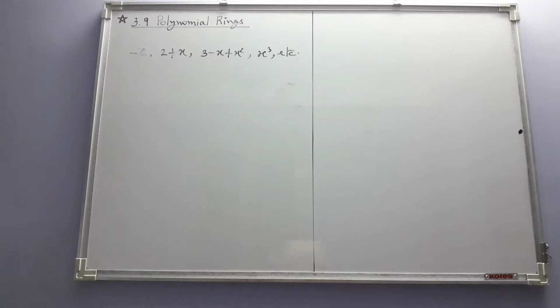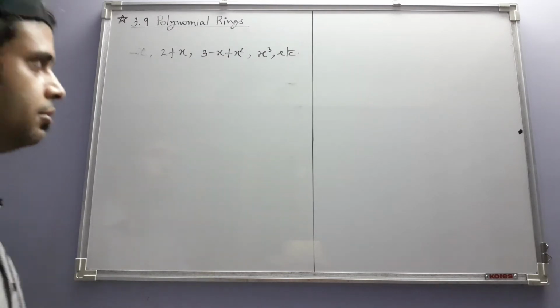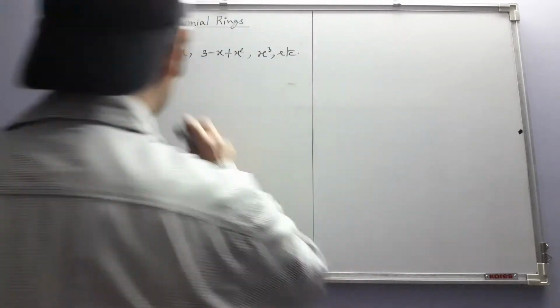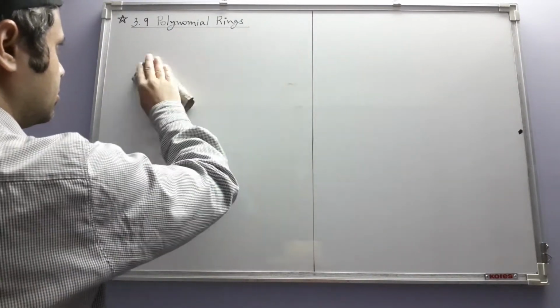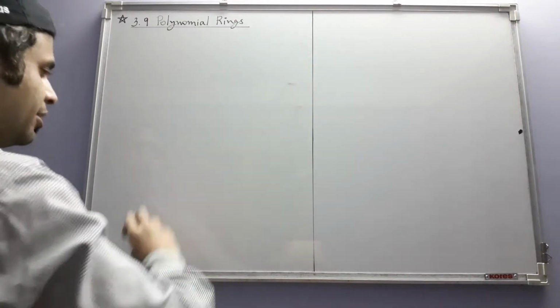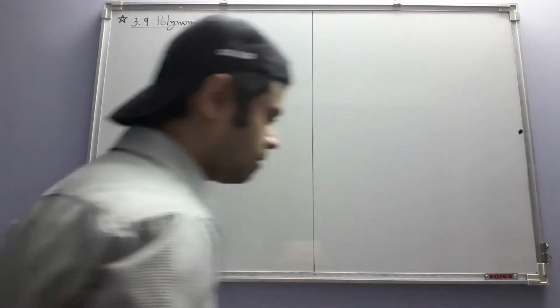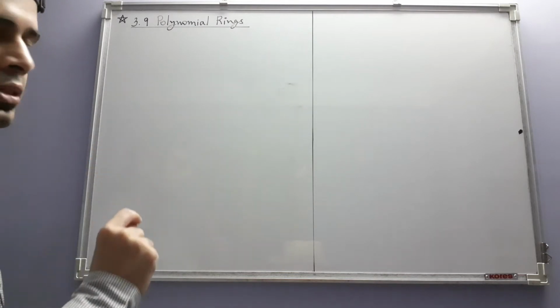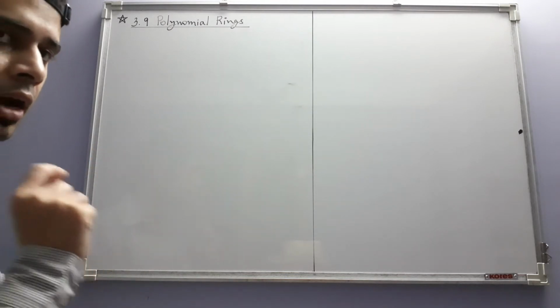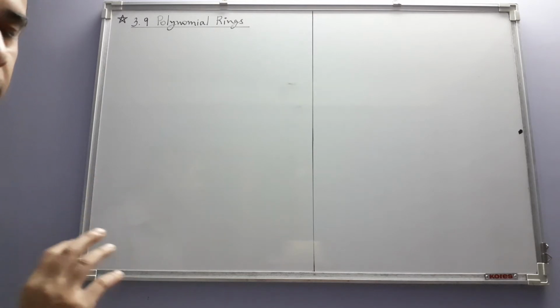So let us start by defining what polynomials are algebraically. The previous interpretation was that x, although it's an unknown, is always a number. Now we will not follow that interpretation.